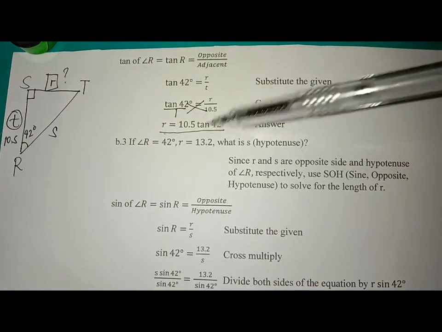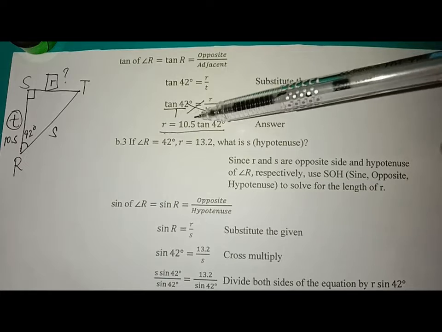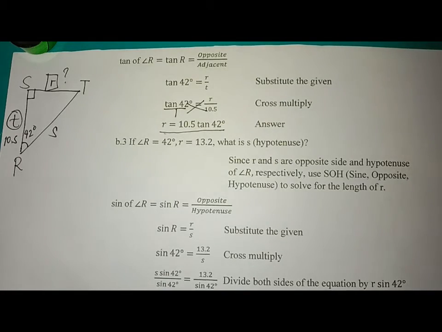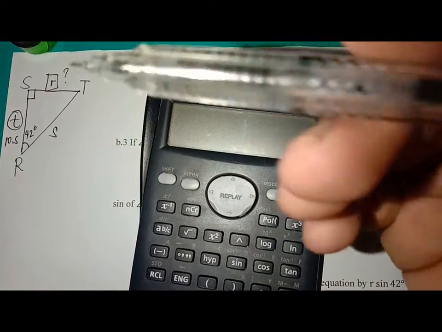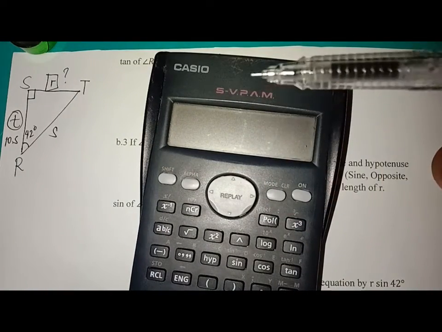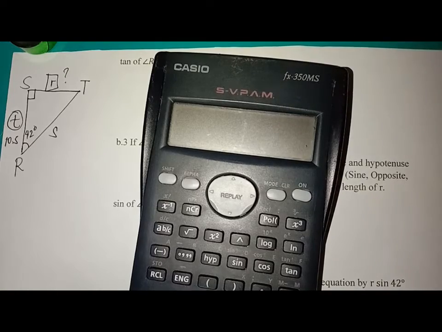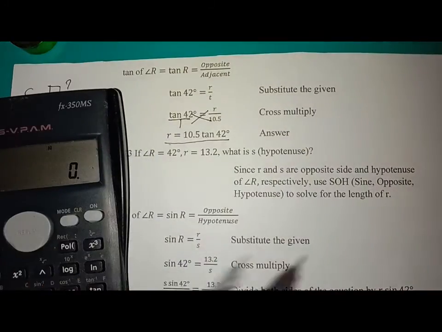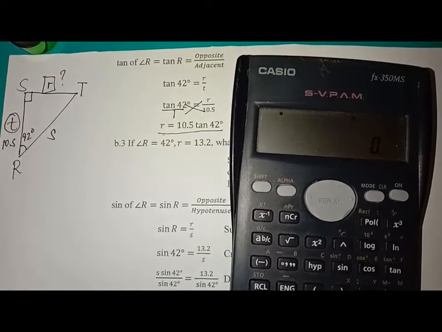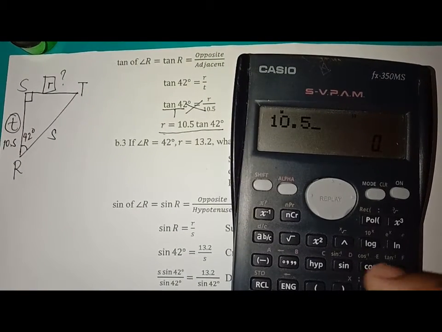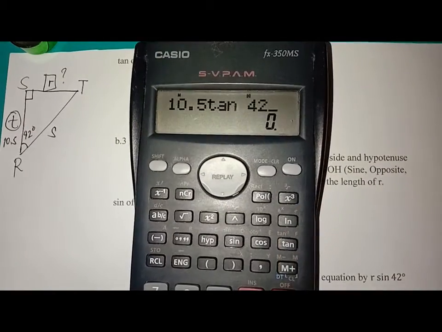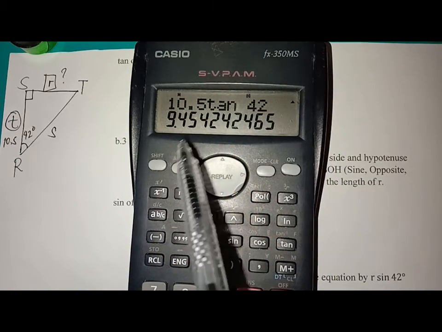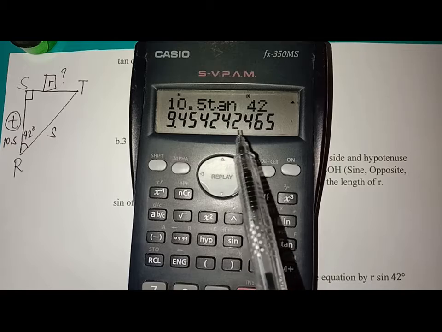If you're going to get the approximate value of 10.5 tangent 42 degrees, we're going to use the calculator. Let us solve and have the answer to the nearest tenth, like in the previous video. Let's turn it on. Press 10.5, then press tan, then 42 degrees. So 10.5 tan 42 is 9.454242465.